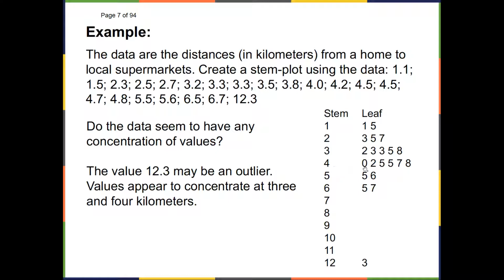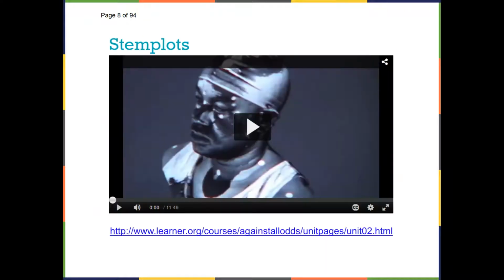Whereas a lot of the data tends to congregate around the 4 point something range. It's a quick visual way of identifying what's going on in the data, but again, only works if you have a small data set.